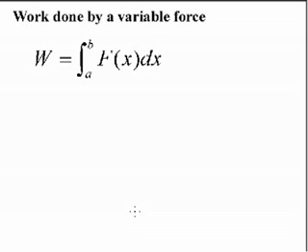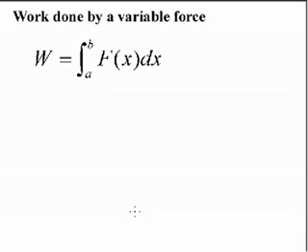Now suppose that the force is not constant, because in our previous formulas we were assuming that the force was a constant value. Now the force is going to change. It's going to be a variable force over a particular distance which is traveled, and the force will change in value according to the variable x. So the limits for the distance traveled are x limits.